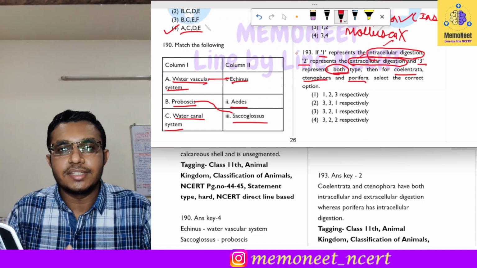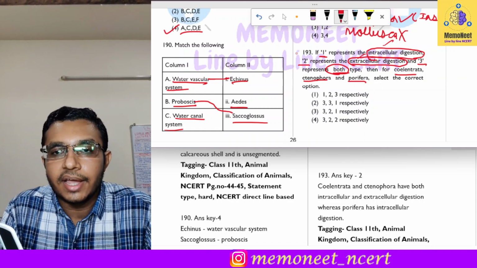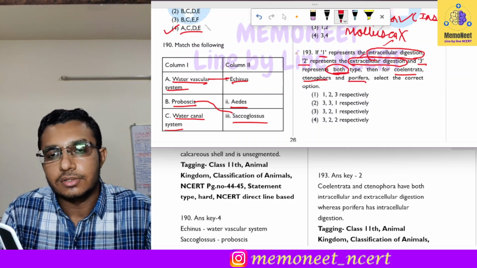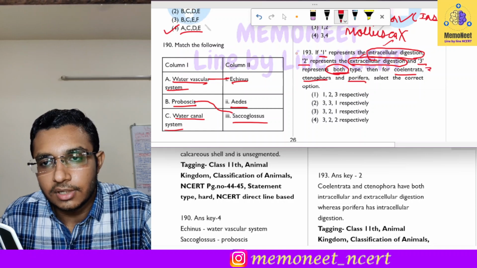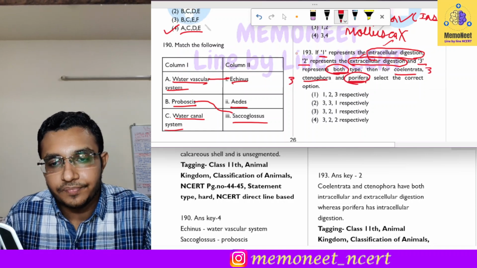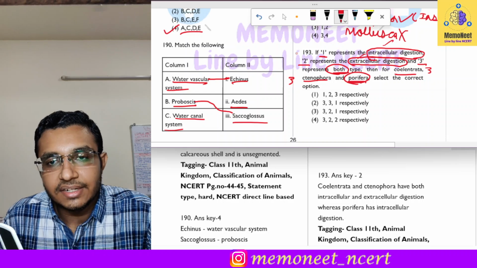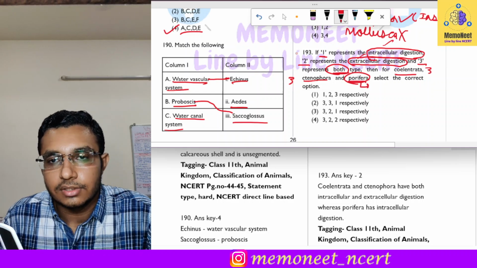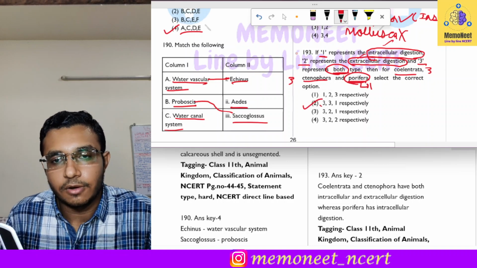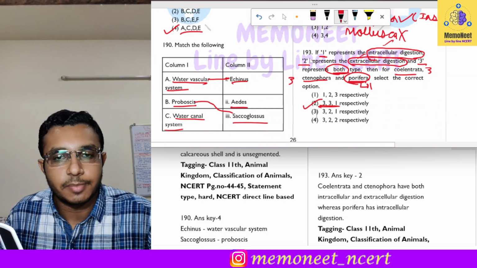Coelenterata and Ctenophora both have both intracellular and extracellular digestion, so there will be 3 and 3. But in Porifera there is exclusively intracellular digestion only, so it will represent 1. So the correct answer of this question will be option 2, that is 3, 3, 1 respectively.